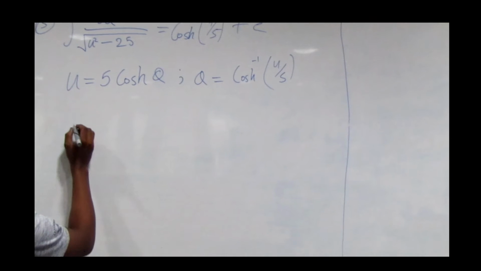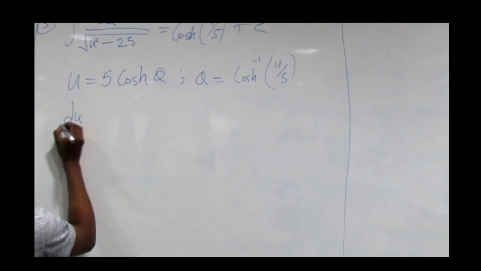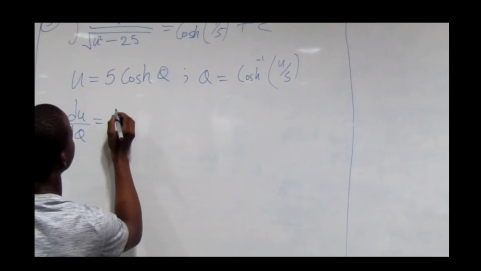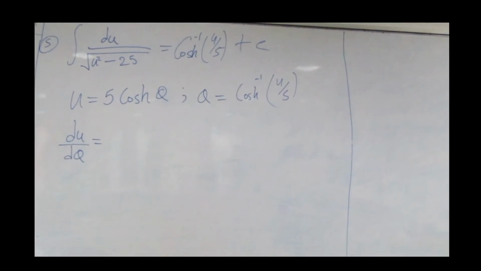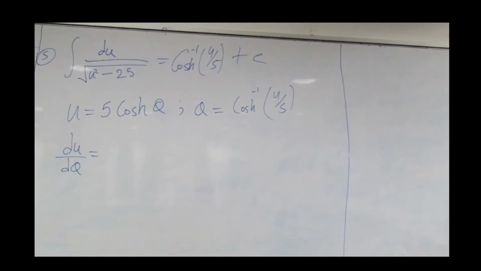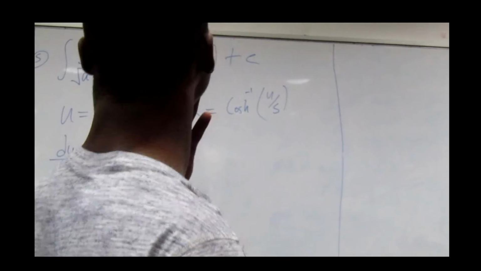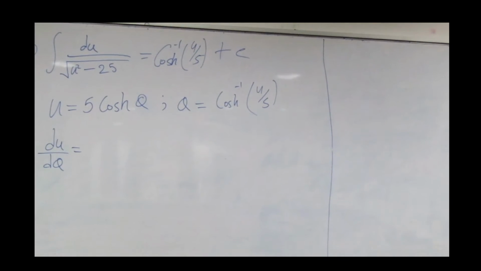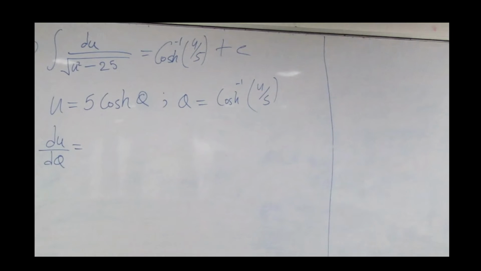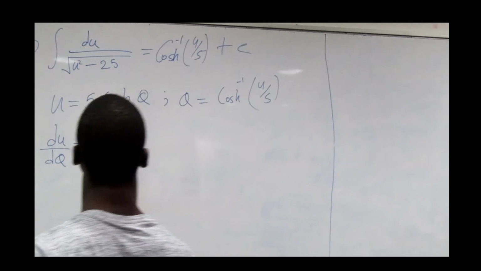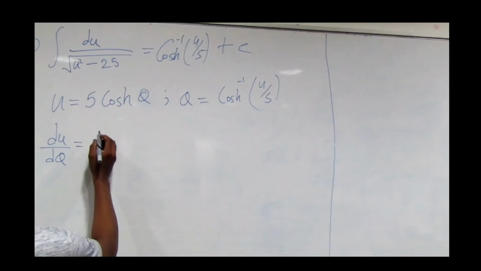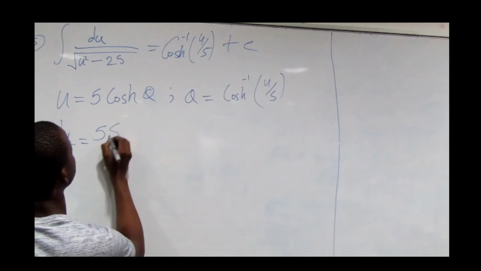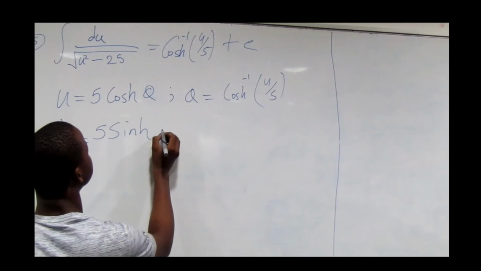How do we differentiate this? When I say du over d theta equals to, the derivative of cos is sinh, so it is 5 sinh theta.